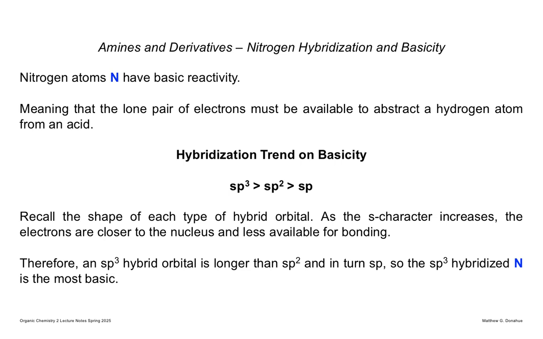So in terms of nitrogen hybridization, the trend is sp3 is greater than sp2 is greater than sp. And again, the reason for that is for an sp3 hybridized nitrogen, the lone pair is in an sp3 orbital, and so it can abstract hydrogens readily.